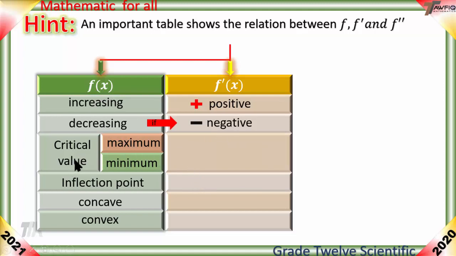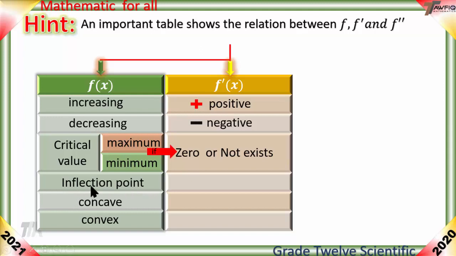At the critical point, we know that the value of the first derivative is 0 or it does not exist. That means at the local maximum and local minimum, the f prime of x is 0 or does not exist.